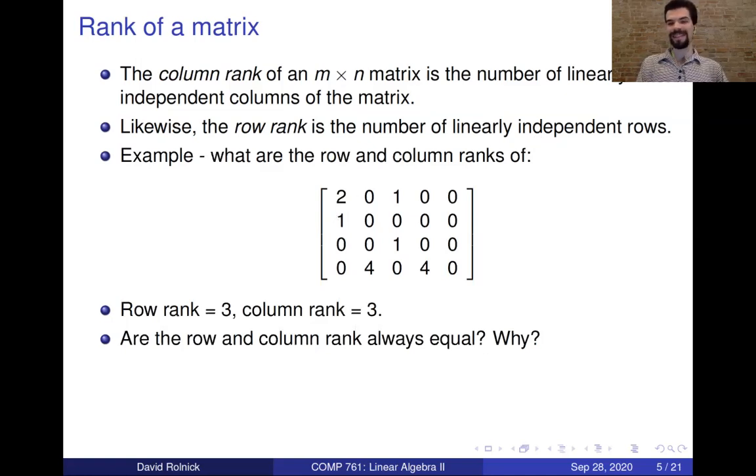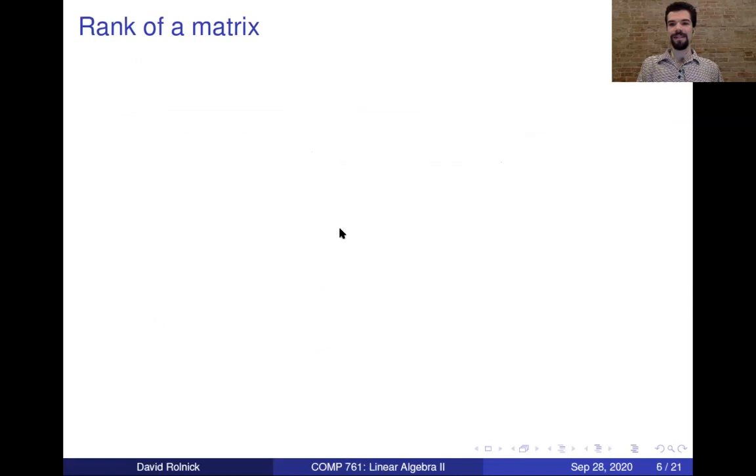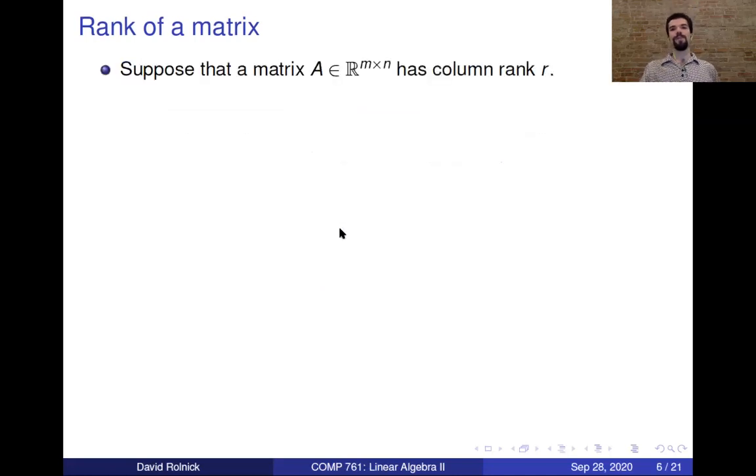Are they always equal? Yeah, the row rank of a matrix is equal to the column rank of its transpose. But is the row rank of a single matrix equal to the column rank of itself? Okay, there's some disagreement.